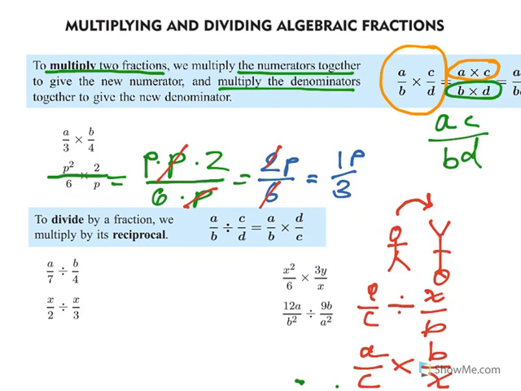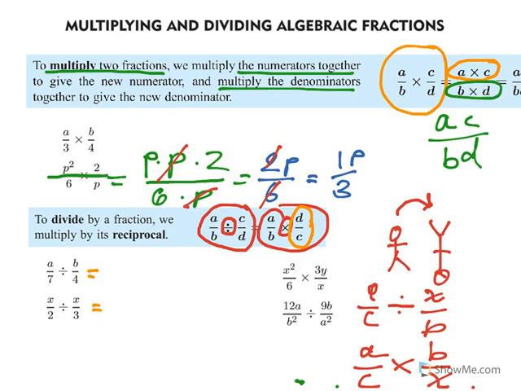And that's what we do with this. They have a good example. A over B divided by C over D is the same as A over B times D over C. So they take the dividing sign, which is right here, they flip it to a multiplying sign, and then they flip the second fraction, taking the denominator and putting it on top. And that's exactly what happens here to all of these.